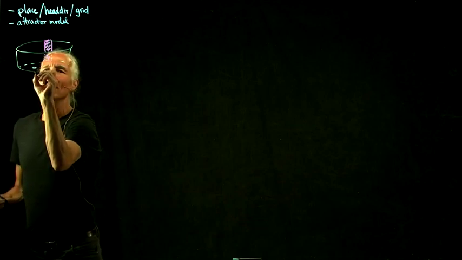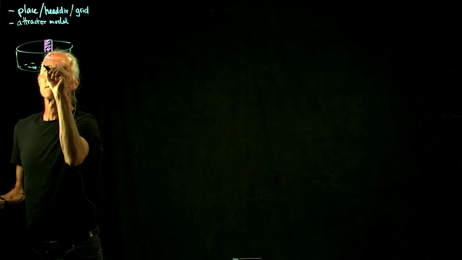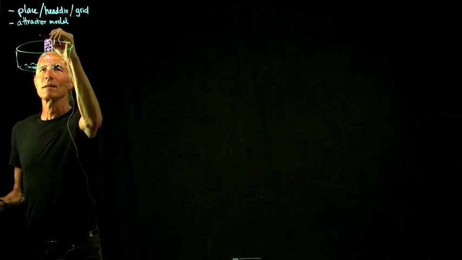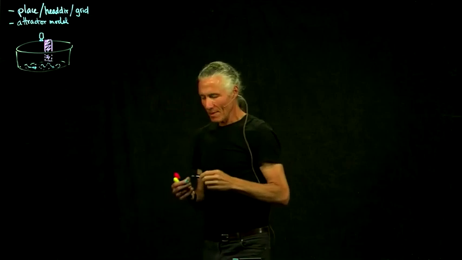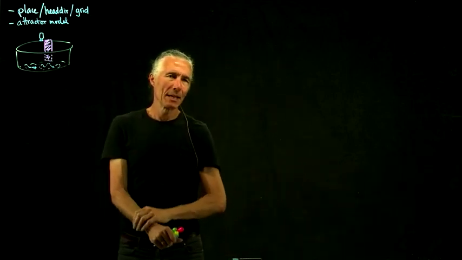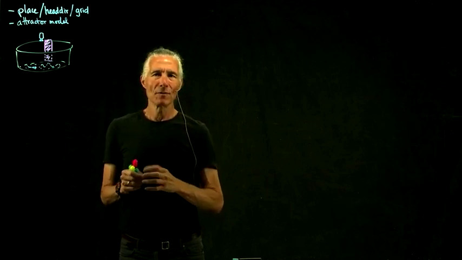So there's a little rat, just running all around in there. And you're recording with the camera where the rat is. And what is the most basic observation, just to review?